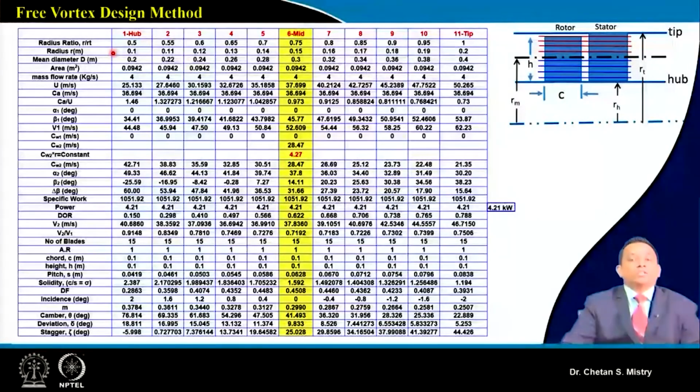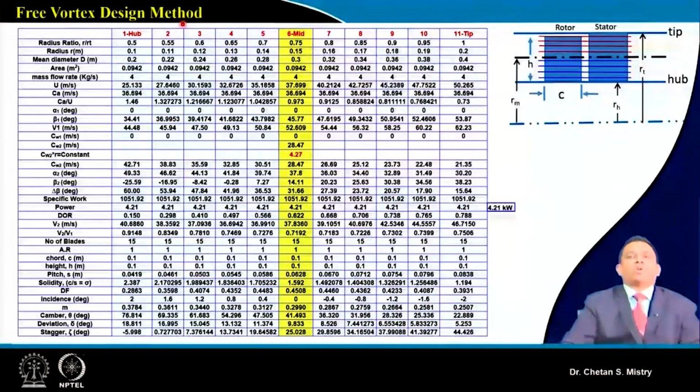You can take 20 stations, you can take 40 stations, it's up to you. The more stations you take, the more precise your design will be. With fewer stations, you will realize it gives you some kind of constraint when you are making those blades. So it is preferred to have maybe 20 stations for such low aspect ratio blades.